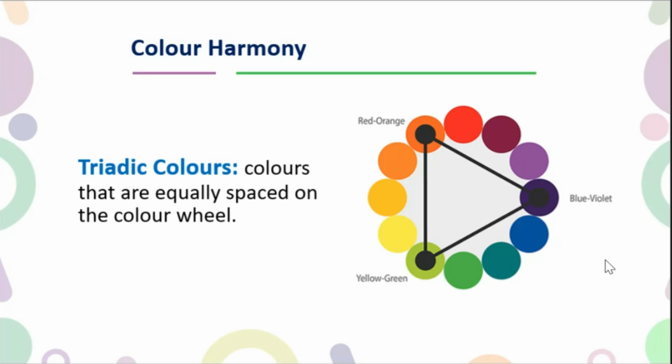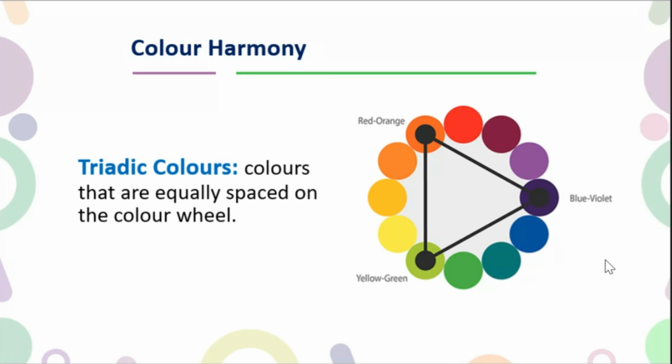It means they are triadic. When you take orange, violet, and green, they also become triadic, because they are also equally spaced on the color hue.